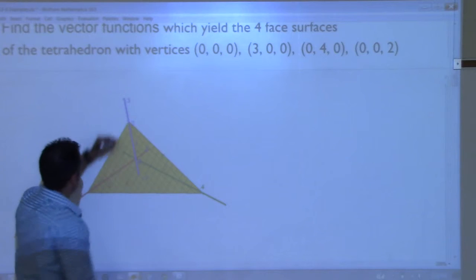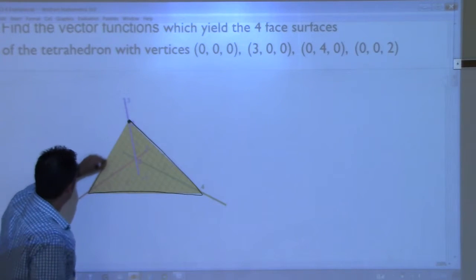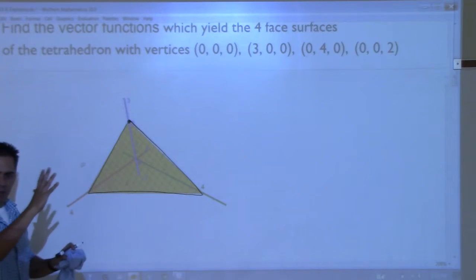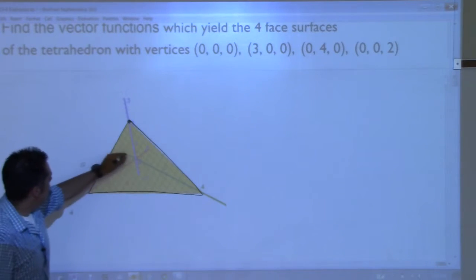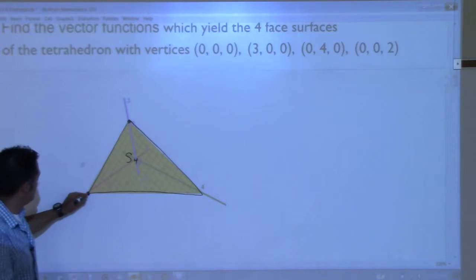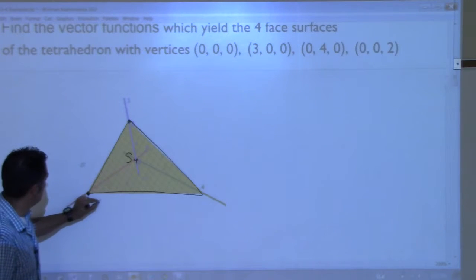So we are going to try right now to find the vector function which will draw this triangle, which is tilted over. We'll call that S4. So let's put these points here. This was 3, 0, 0.